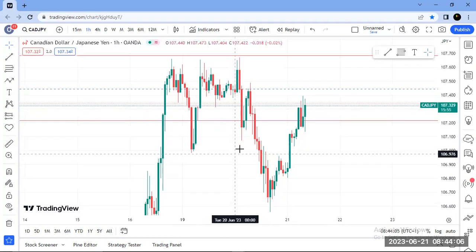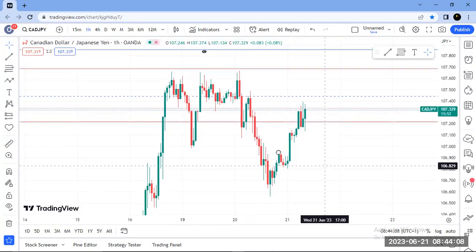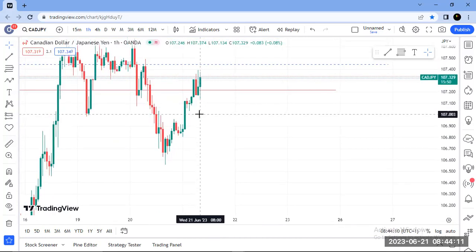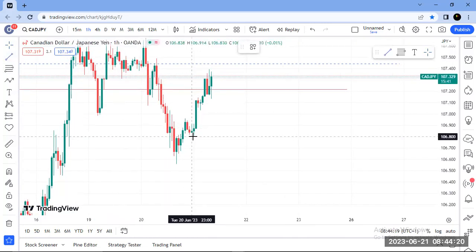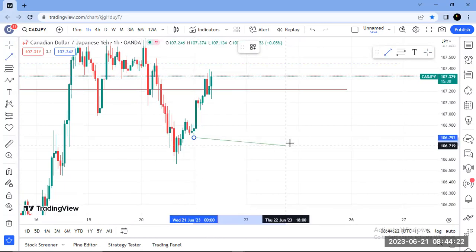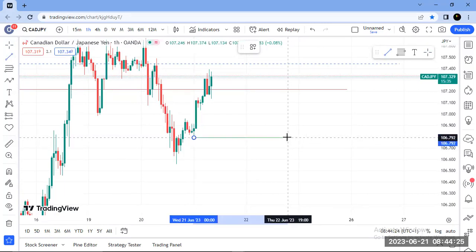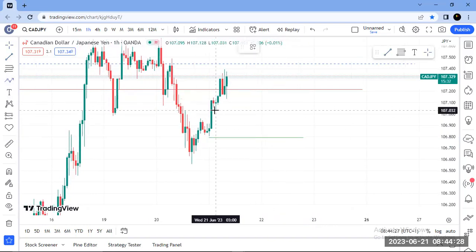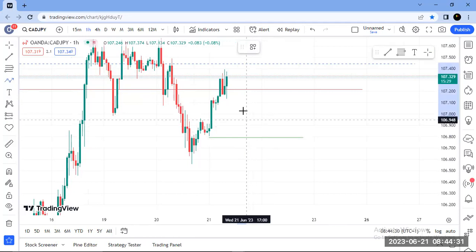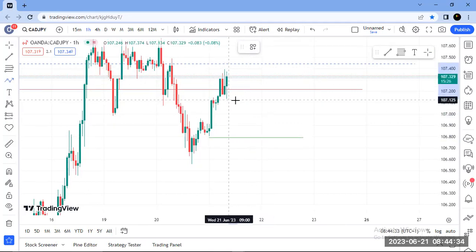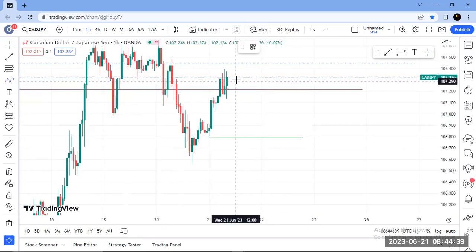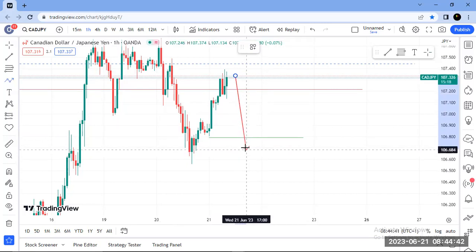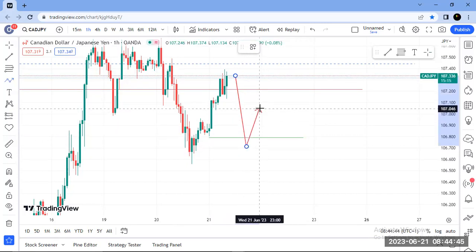So I'm expecting a bearish week for the CAD JPY. Where will I enter? Where should you enter rather? If you see this low being taken out, at any point you see this low being taken out, once it retraces here, you sell.